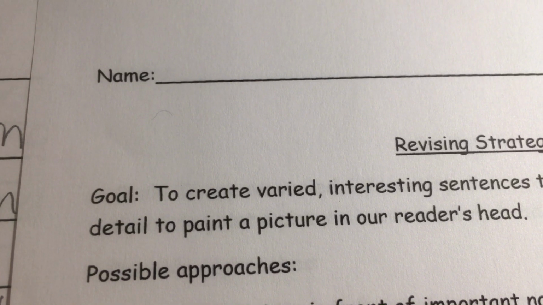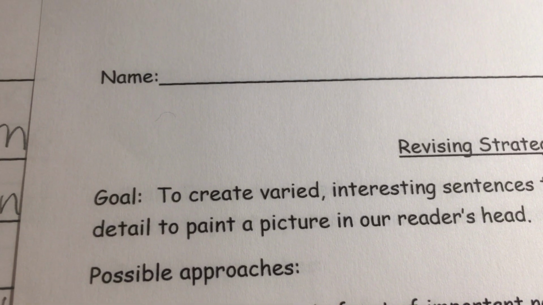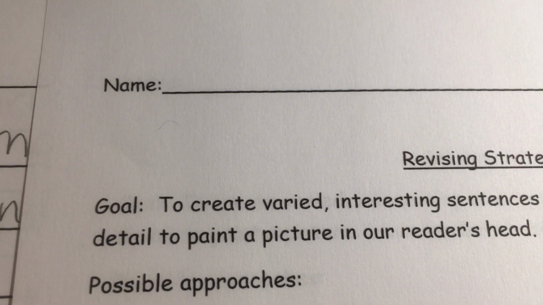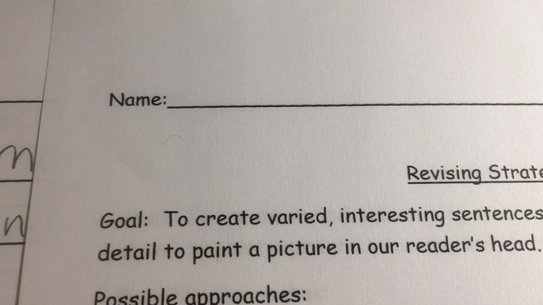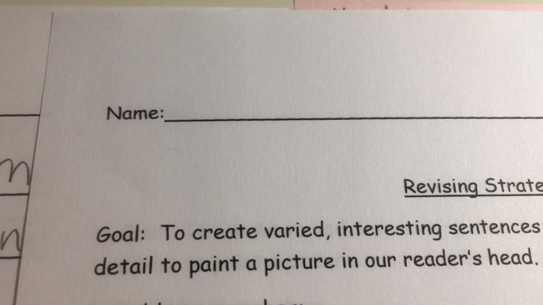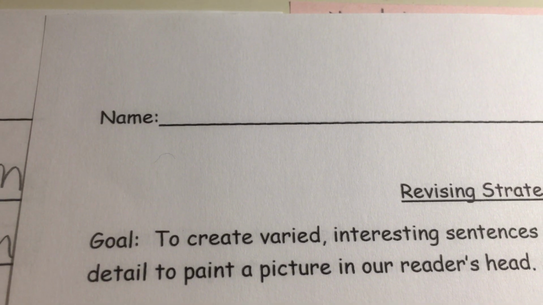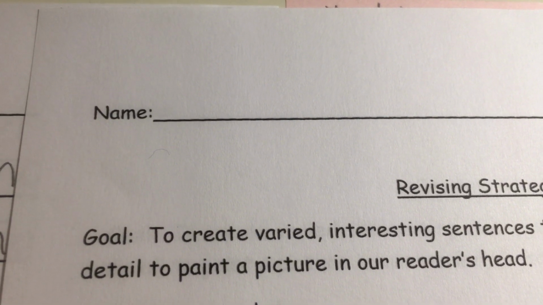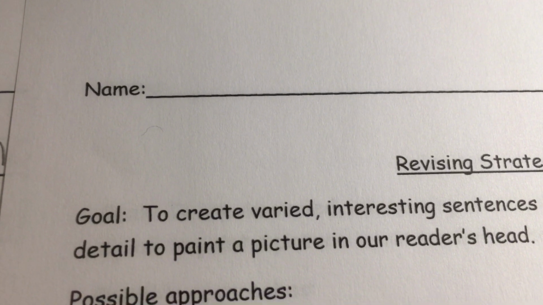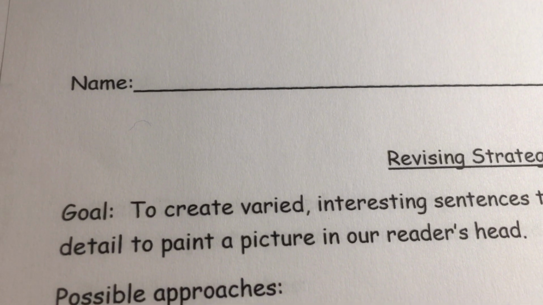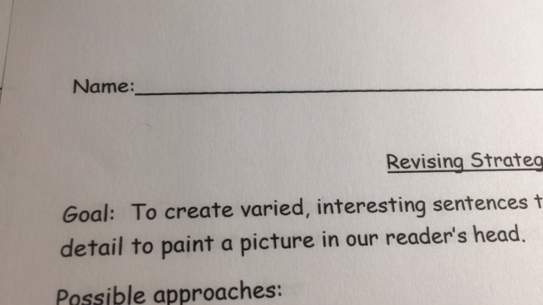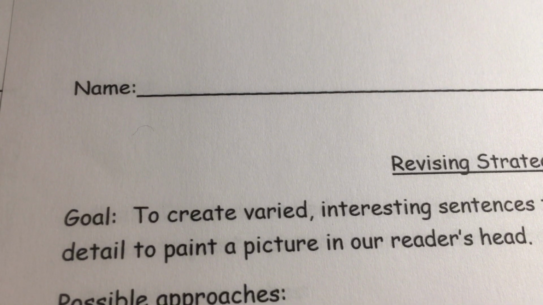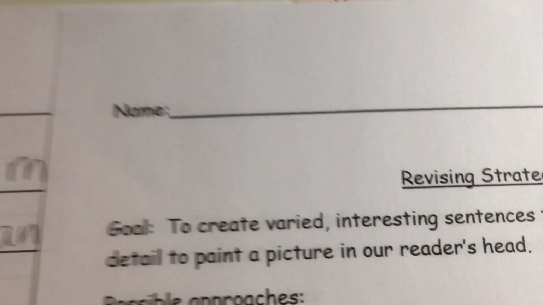It's where you take your ideas and you add enough details that your sentences begin to paint a picture in the minds of your readers, so your readers can visualize and really understand what you're trying to communicate to them. So today I wanted to walk you through some ways to do this and model revising with my own sentences about raising monarch butterflies.